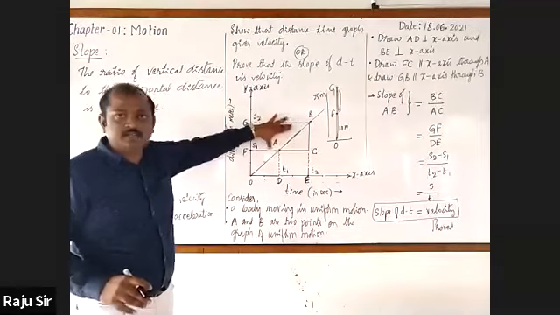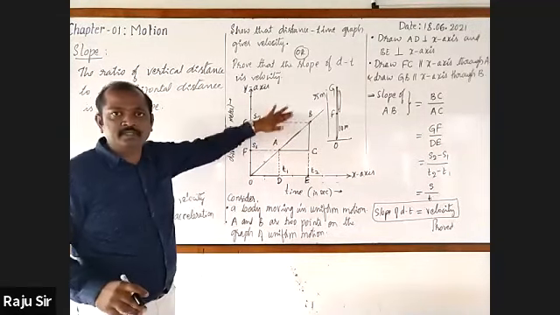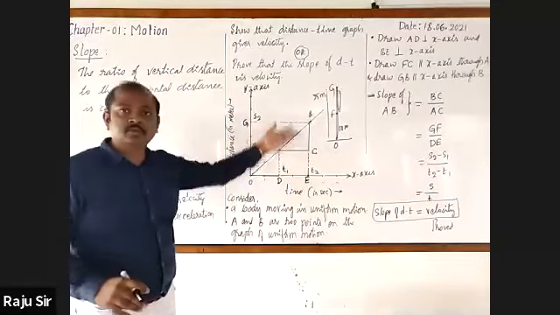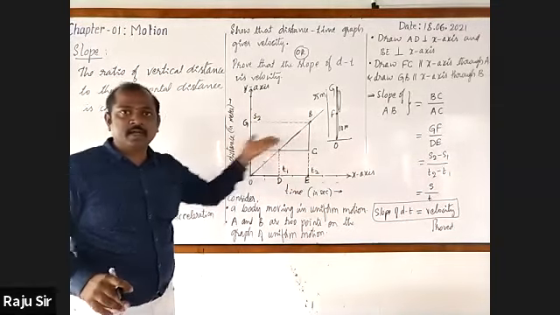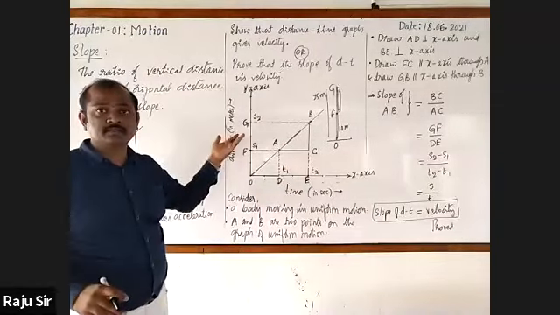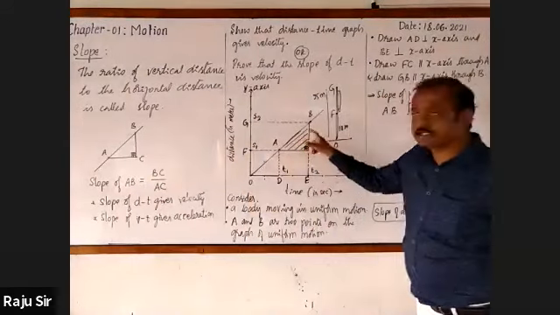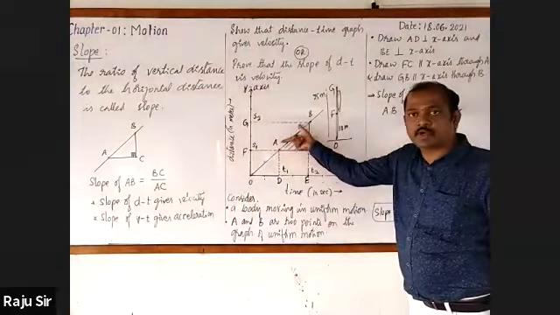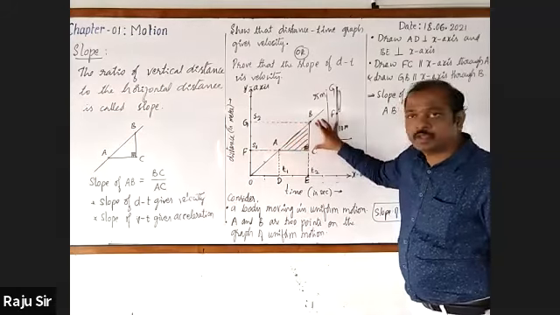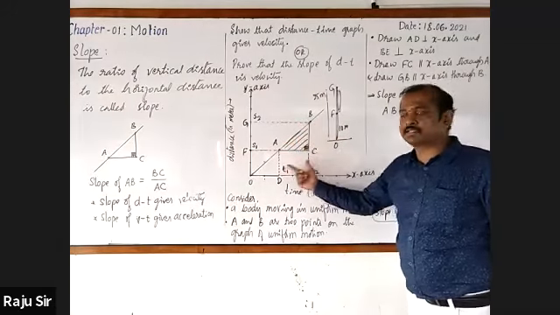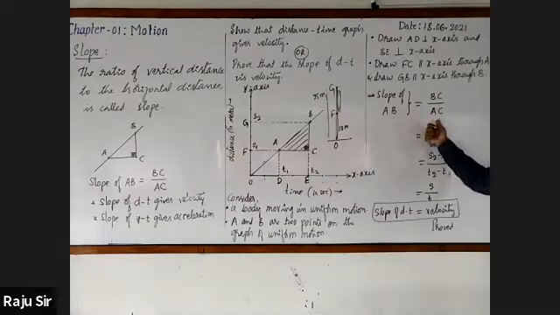In that straight line, we mark 2 points A and B. From these 2 points, we draw the perpendicular line as well as parallel lines. Then you will get a right triangle. Using this right triangle, you will find out the slope. The slope is BC by AC.